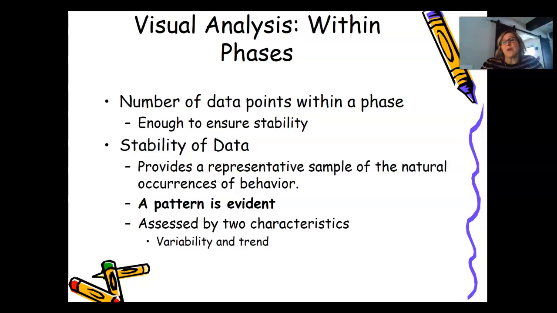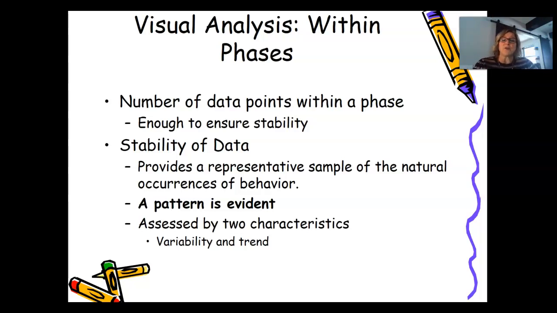The number of data points that you need to ensure stability is going to vary depending on the student's performance. You can demonstrate stable data in as little as 3 data points. Often you need more than that, but it is possible to demonstrate stable data at a minimum of 3 data points.